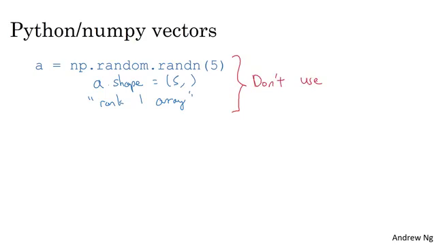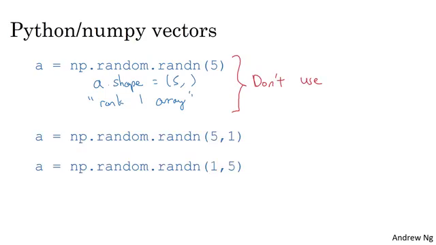Instead, every time you create an array, you commit to making it either a column vector, so this creates a 5 by 1 vector, or commit to making it a row vector, then the behavior of your vectors will be maybe easier to understand. So in this case, A.shape is going to be equal to (5,1), and so this behaves a lot like, or in fact this is, a column vector.